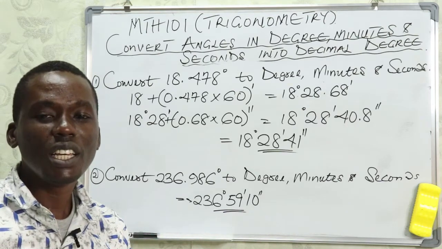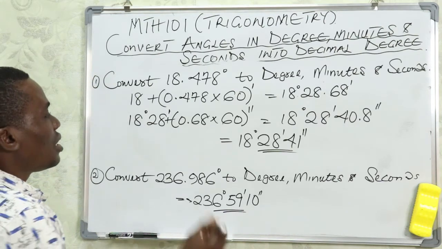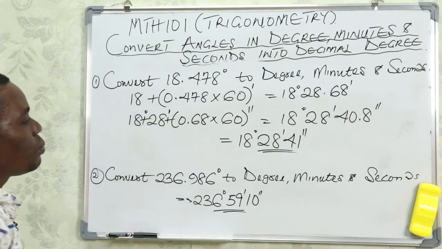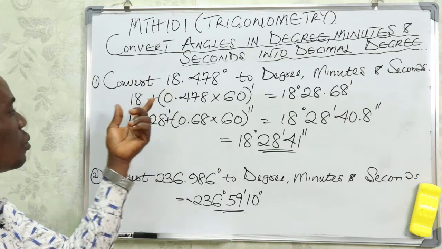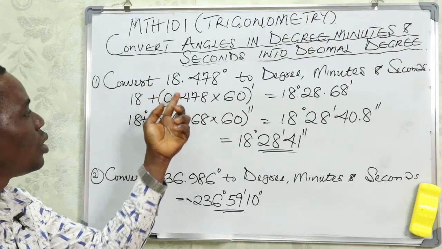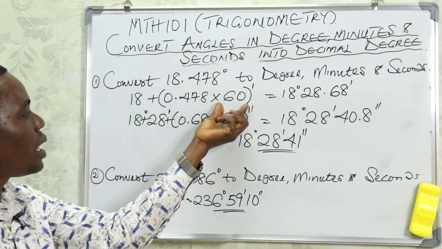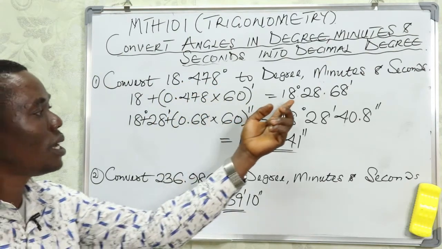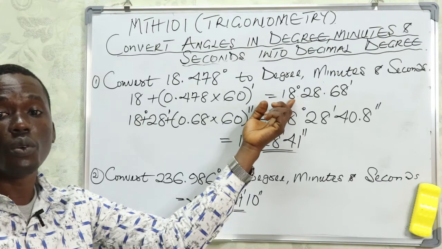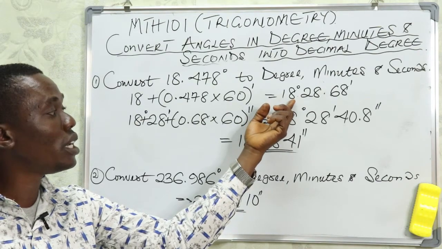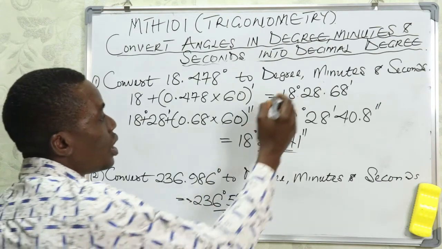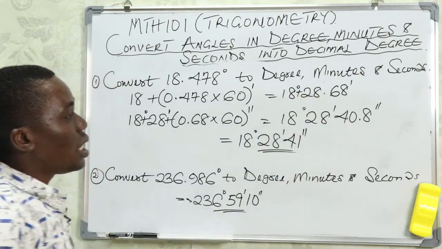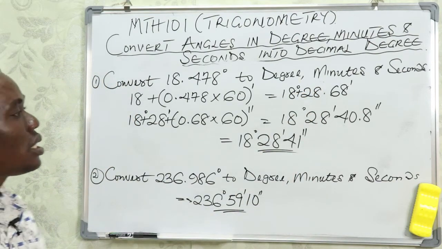So you see, it's very, very easy. The first one you did is 18 plus, you take the decimal part, multiply it by 60, and you are going to have 18 plus 28.68 minutes.